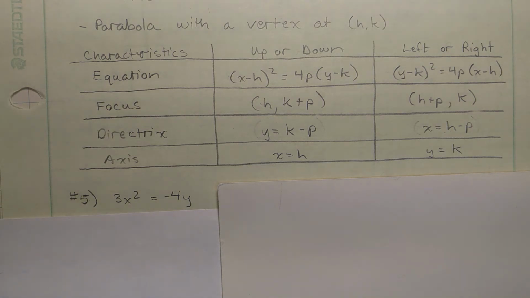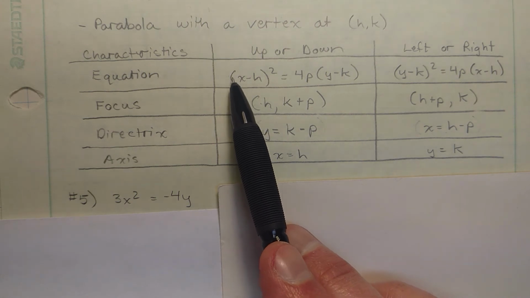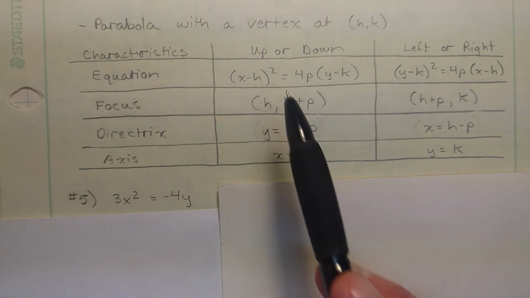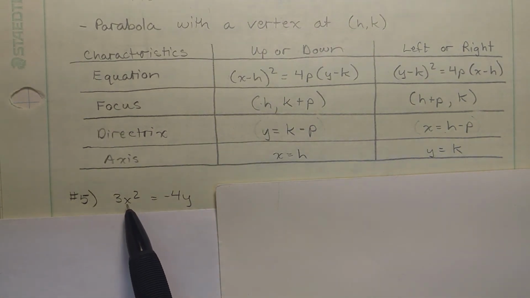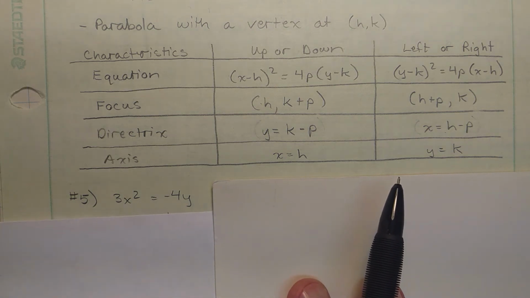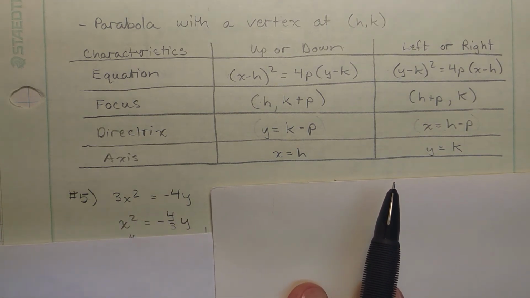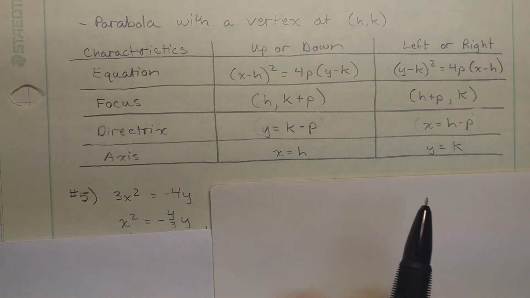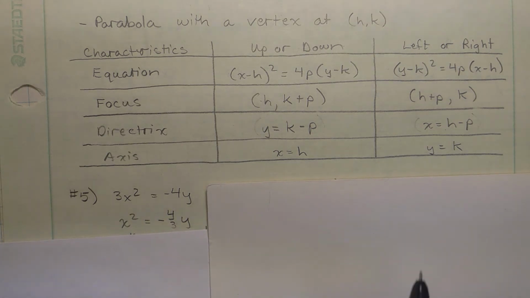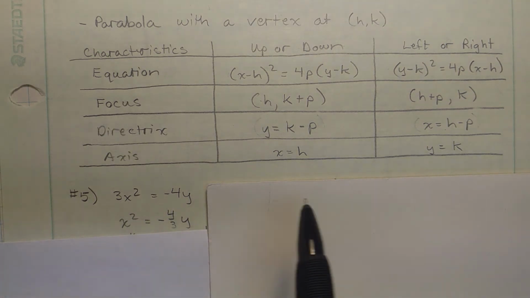This is close to being in vertex form, but not quite, because notice in vertex form there is no constant with the squared variable. So what I really need to do is divide both sides by 3 so that I get x squared equals negative 4/3 y.